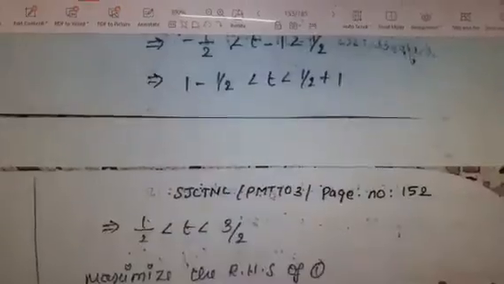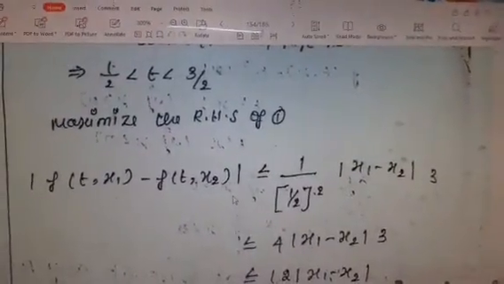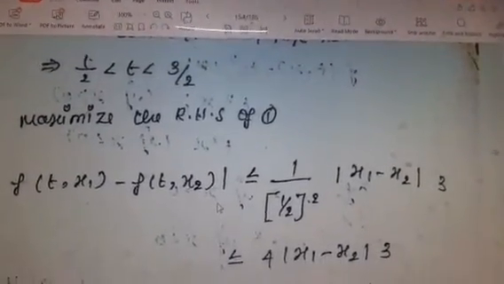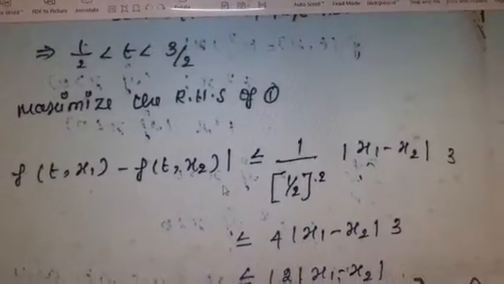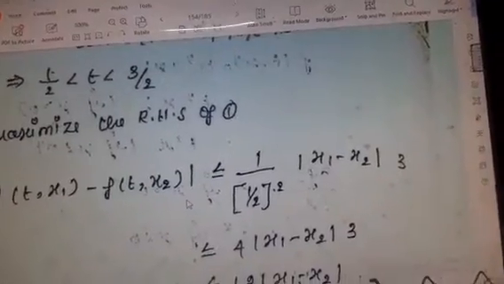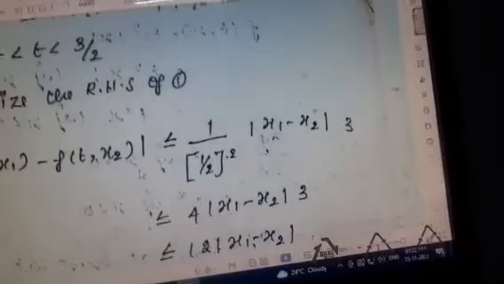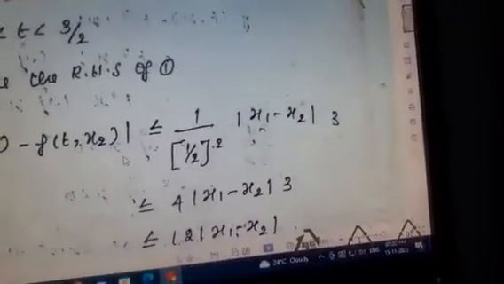So that can be written here. Therefore |f(t, x1) - f(t, x2)| is less than or equal to (1 by 1 by 2) whole squared times |x1 - x2|, where |1 + x1 + x2| can be replaced by 3.